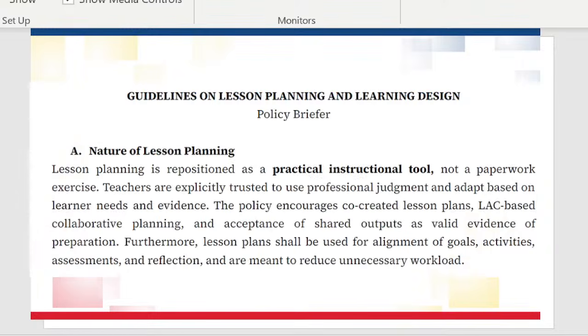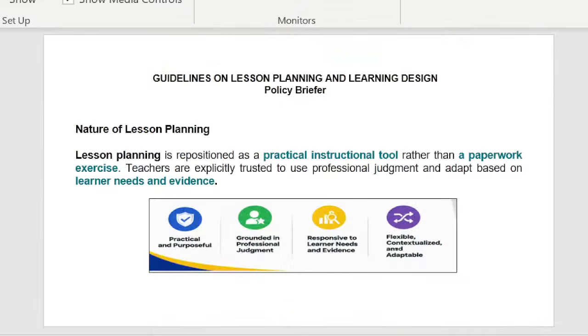Now let's go into the lesson planning and learning design. Based on the present policy briefer, the lesson planning is repositioned as a practical instructional tool rather than a paperwork exercise. Teachers are explicitly trusted to use professional judgment and adapt based on the learner's needs and evidence.